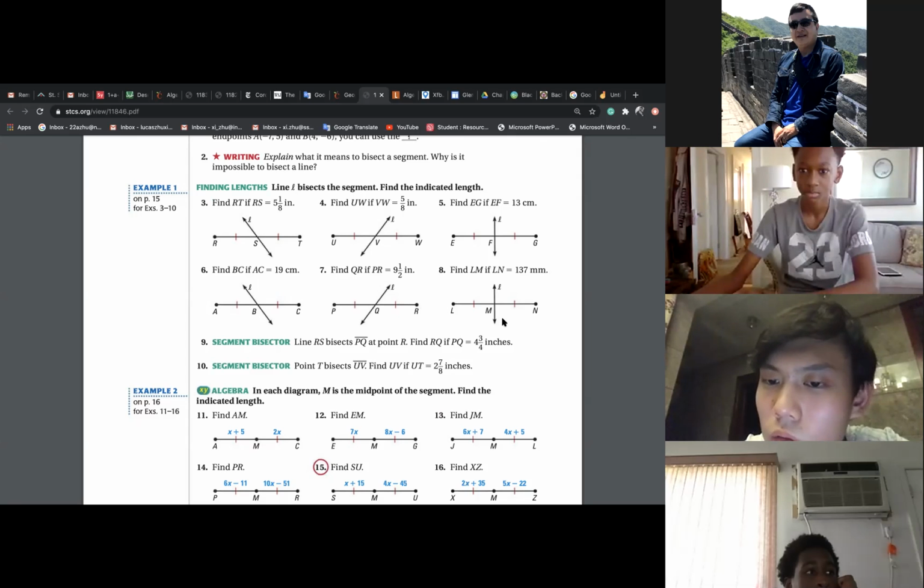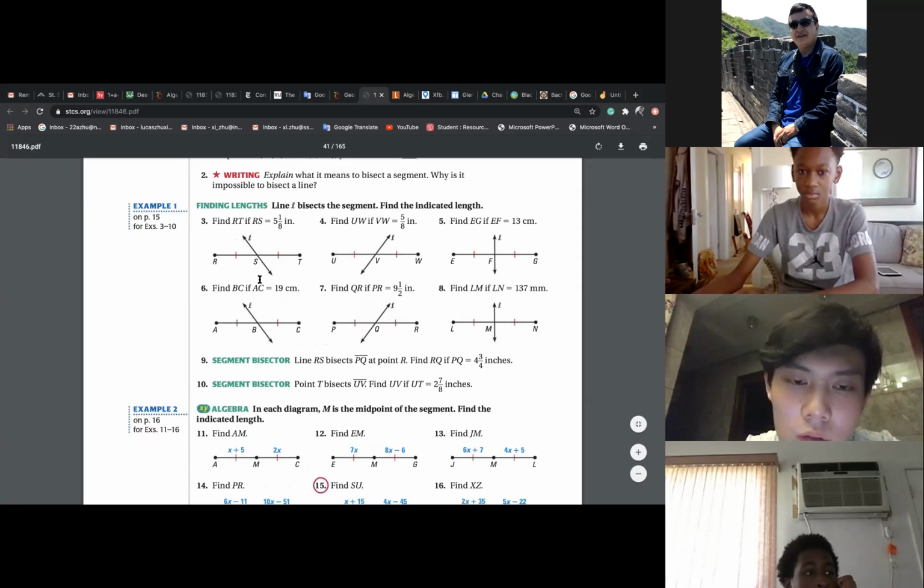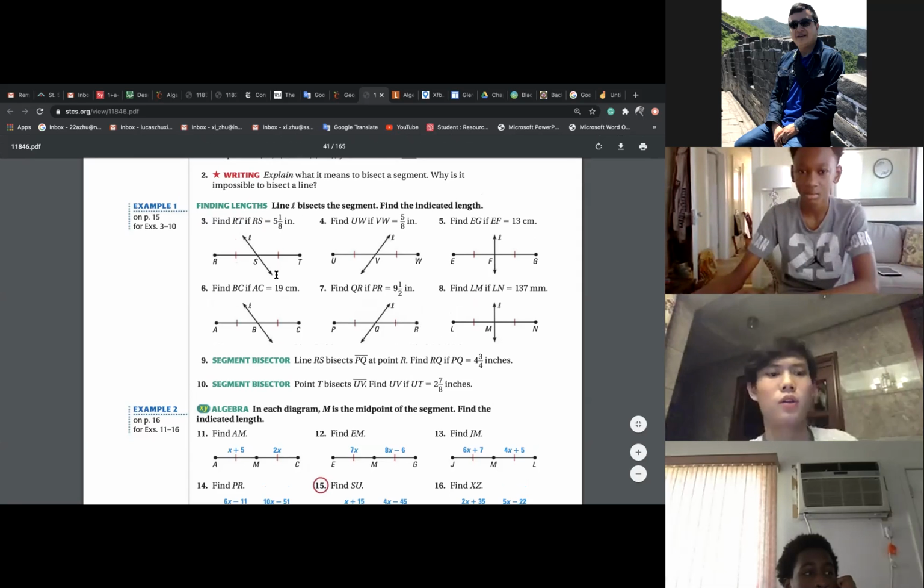So try to do this one, 3 to 8. Try to find the length using the formula. Try to copy it down.